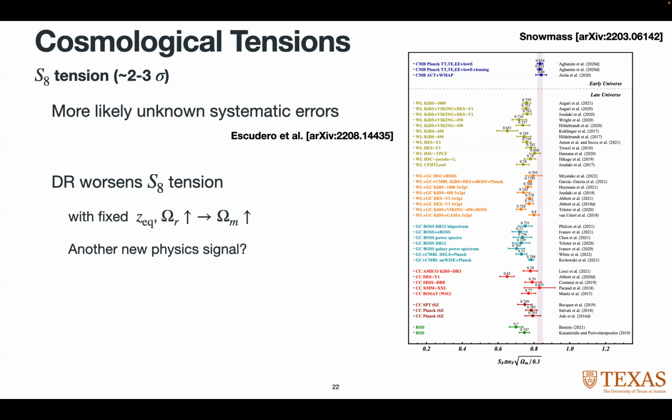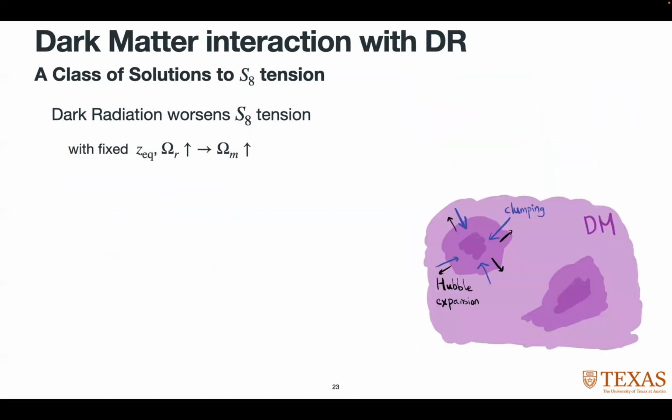So this tension becomes worse. So this tension could be another signature of new physics. We want to solve the S8 tension as well as the Hubble tension.